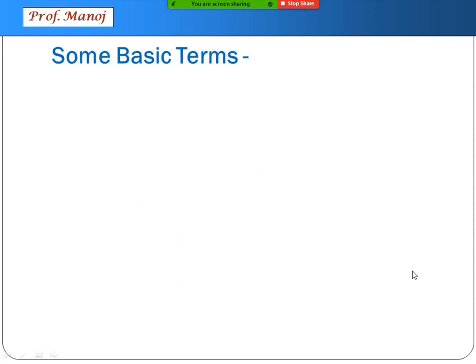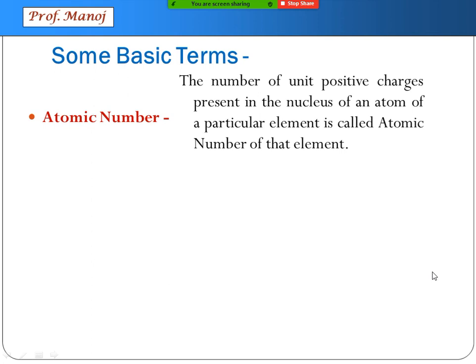After the discovery of the neutron, proton and electron, we now come to some very basic important terms. The first is atomic number. I am sure you must have heard this at school level. Atomic number is the number of unit positive charges present in the nucleus of an atom.